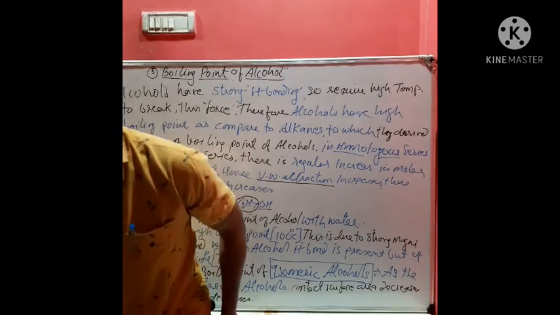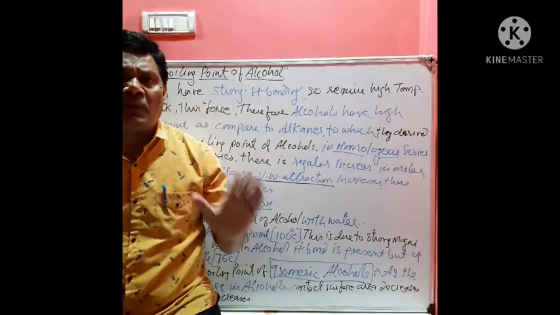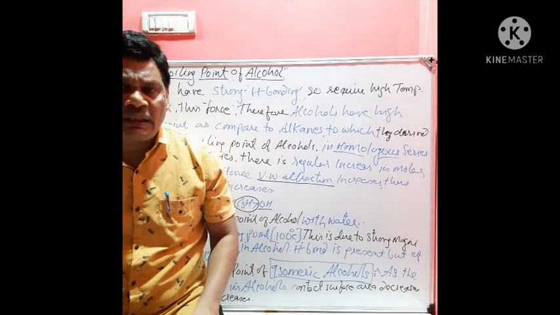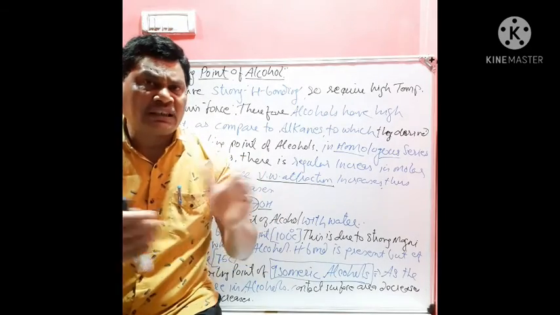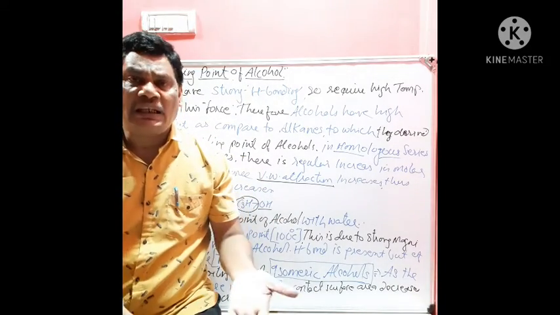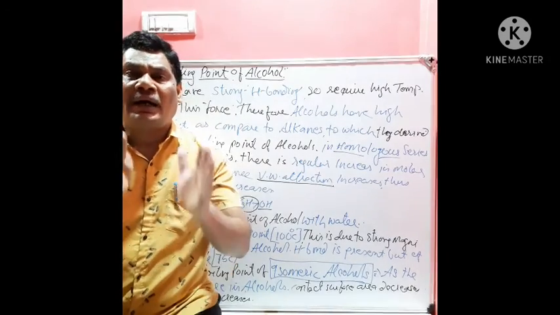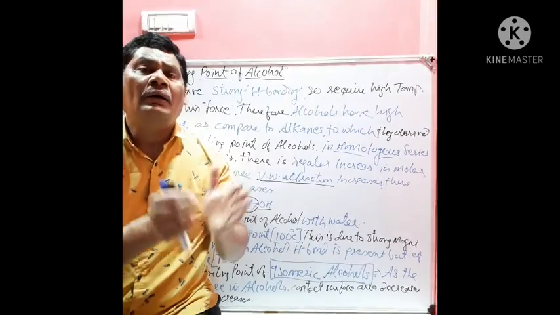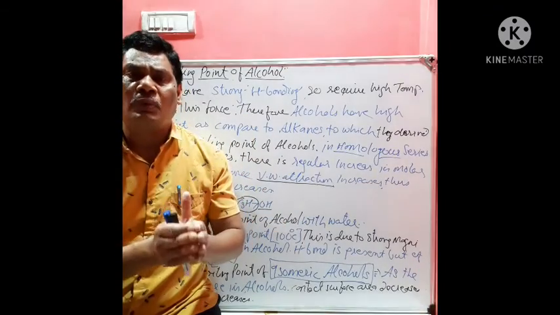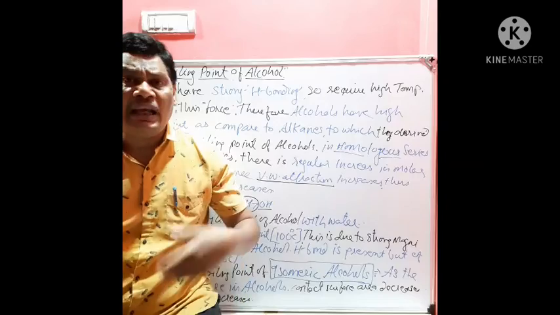Getting? But in alcohol, the hydrogen bond type of intermolecular attraction force is present. So now think, which intermolecular attraction force is stronger? Obviously, hydrogen bond. So being in alcohol, hydrogen bond is present, while in haloalkane, only dipole-dipole attraction force is there. Therefore, alcohols have high boiling point.